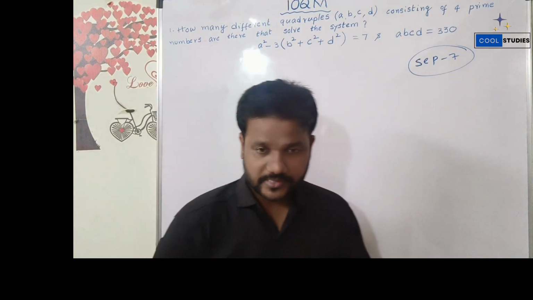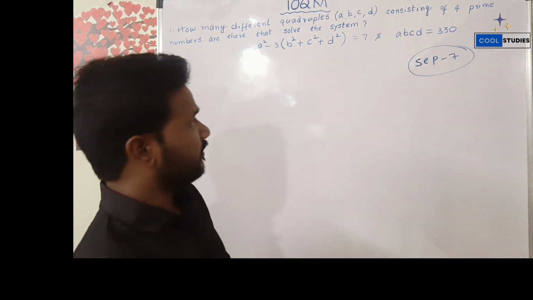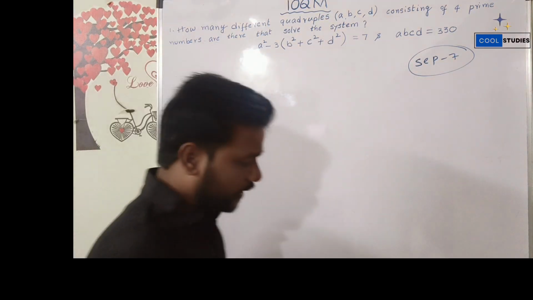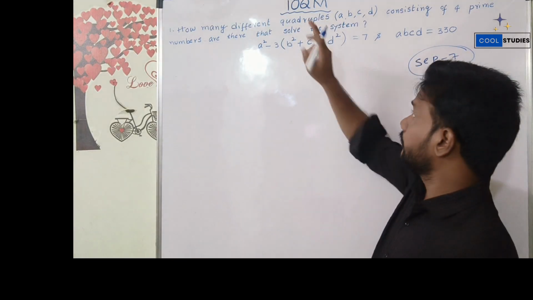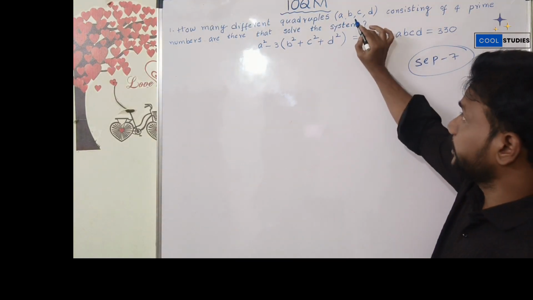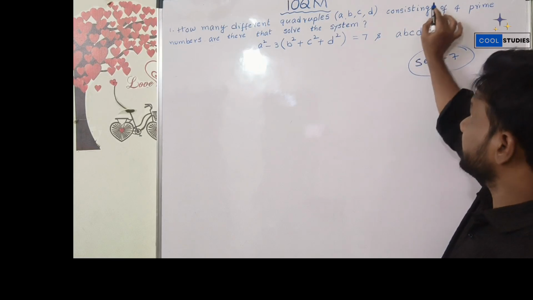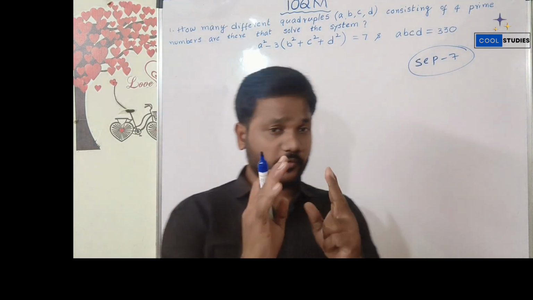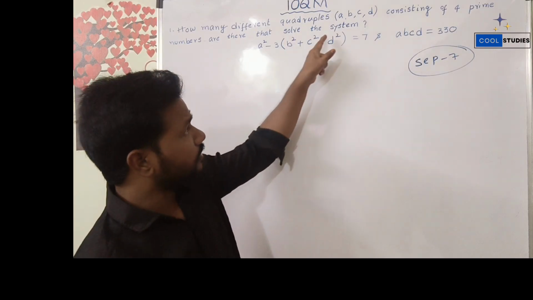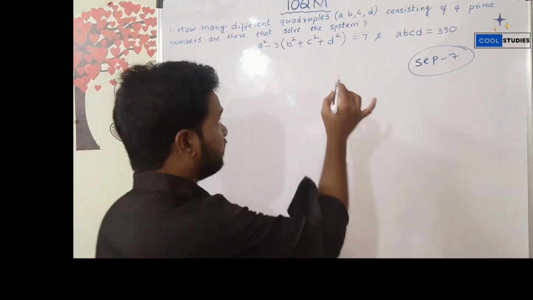So let us discuss the questions here. What is the question given here? How many different quadruples A, B, C, D consisting of four prime numbers solve the system? So we have to solve this equation.